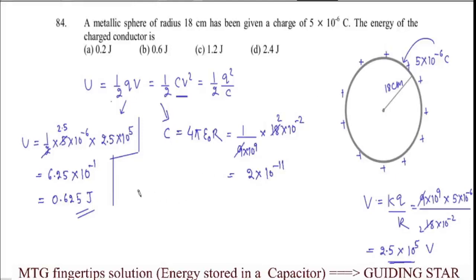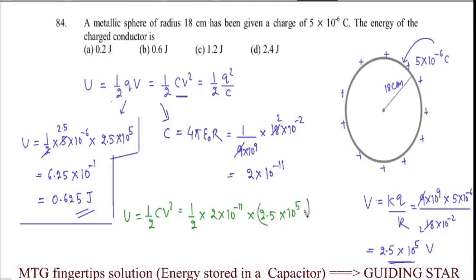So we got the value of capacitance. That means the energy stored U is equal to half CV square. If we apply that formula, half into C, which is 2 into 10 to the power minus 11, into V square. V square means 2.5 into 10 to the power 5 square.